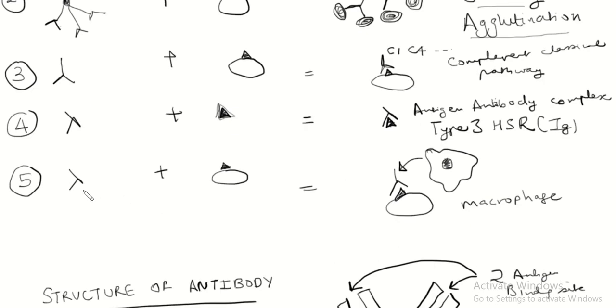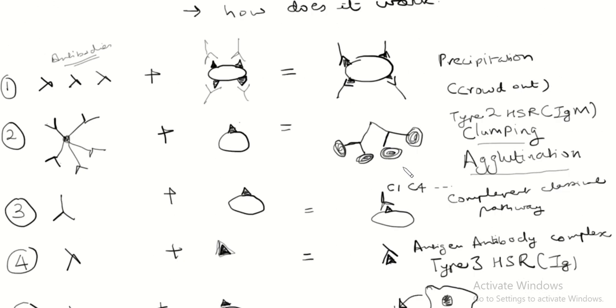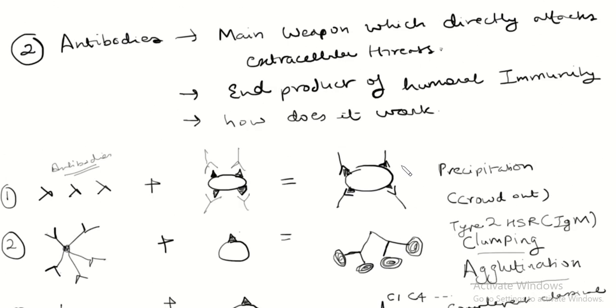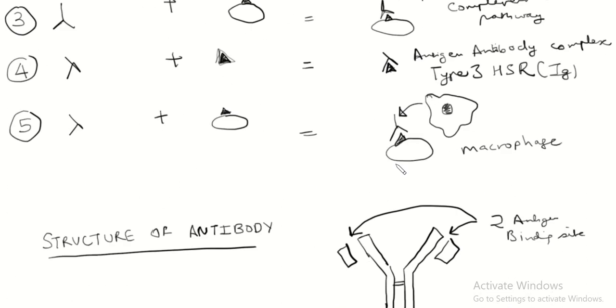And then I think we've touched again on how there's bacteria with antigen, which gets attached to antibody and then attracts the macrophage to eat it. So these are 5 ways where antibodies actually directly attack and manage the extracellular threats.